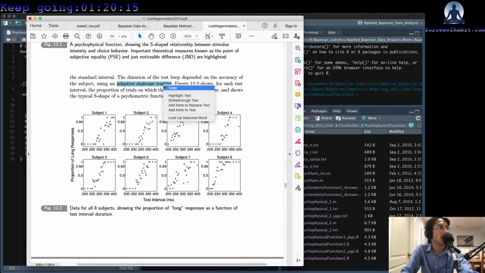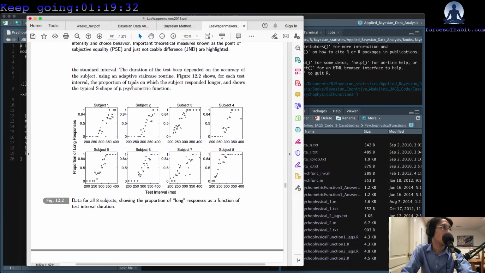I don't know exactly what an adaptive staircase routine is, but it's essentially a way to change the stimulus intensity on the basis of how accurately a given subject performs. So if a subject is performing poorly, we're not going to make it harder. It's going to change with respect to the performance of the subject.